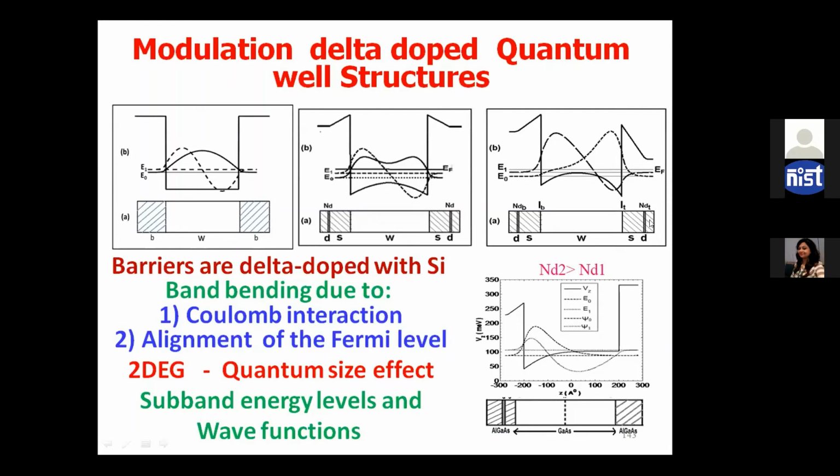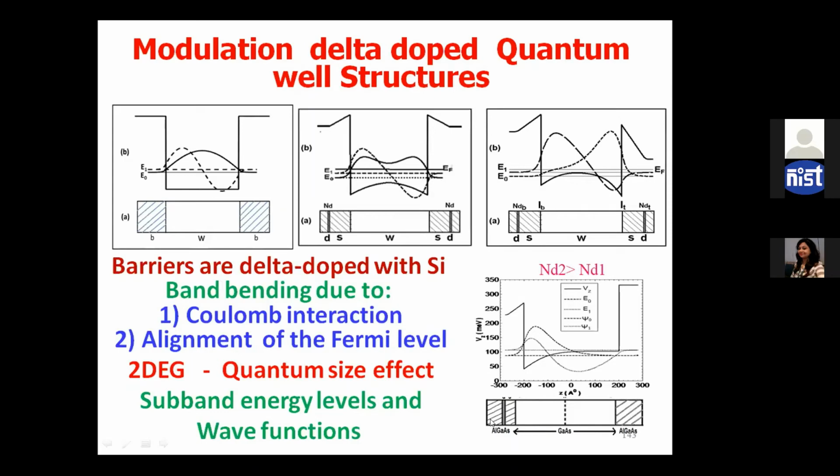If you dope differently, that is the asymmetric doping, then your energy levels also shift, and accordingly the wave function can also be modulated. Another technique: suppose you dope only one side, in the substrate. There is no doping on the right side of the barrier.